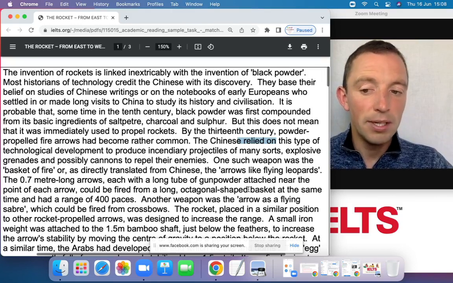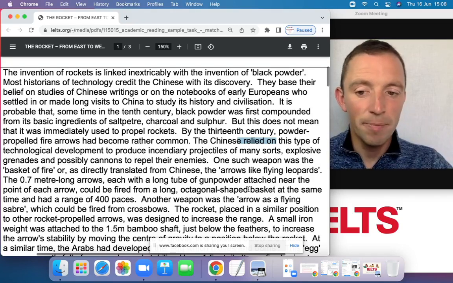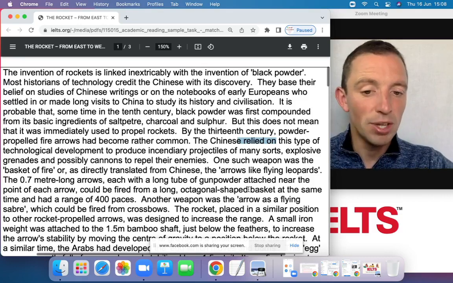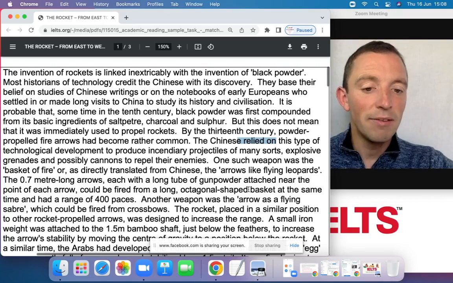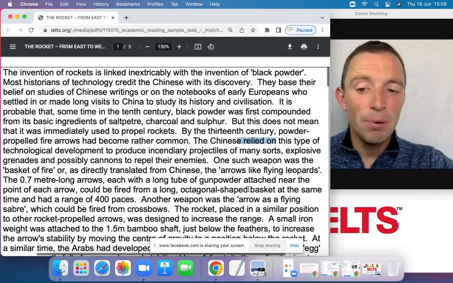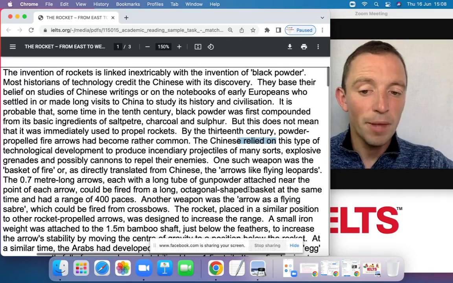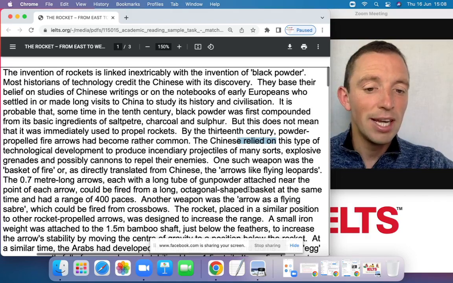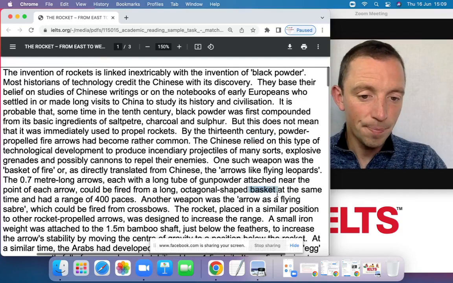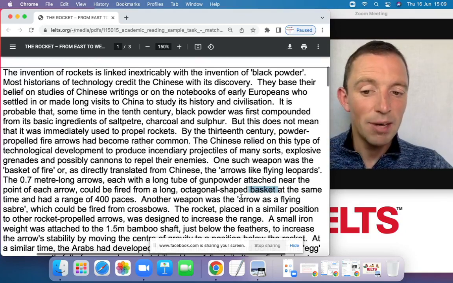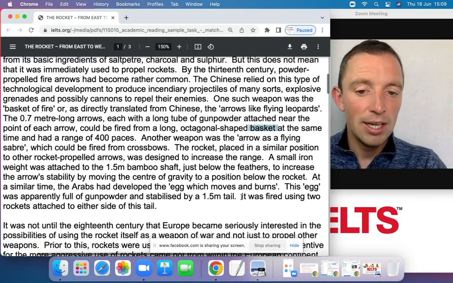One such weapon was the basket of fire, or, as directly translated from Chinese, the arrows like flying leopards. The 0.7 meter long arrows, each with a long tube of gunpowder attached near the point of each arrow, could be fired from a long octagonal shaped basket at the same time and had a range of 400 paces.